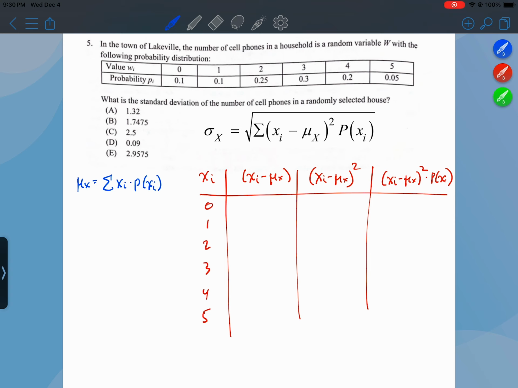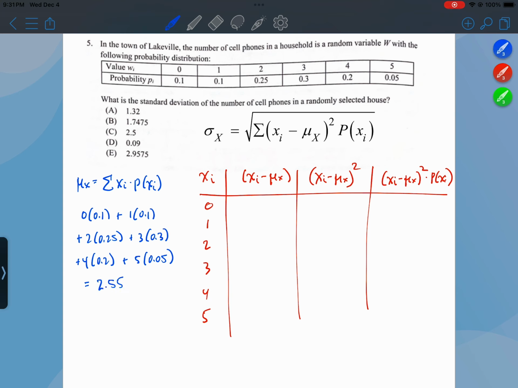Okay. So the mean is the sum of the x values times their probabilities. So that's going to be 0 times 0.1 plus 1 times 0.1 plus 2 times 0.25 plus 3 times 0.3 plus 4 times 0.2 plus 5 times 0.05. Okay. So this equals 2.55.